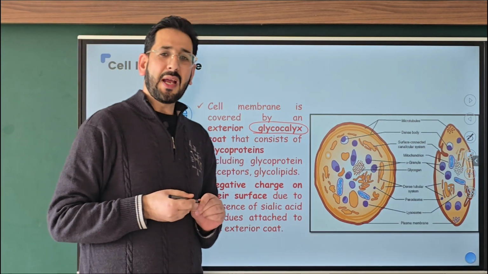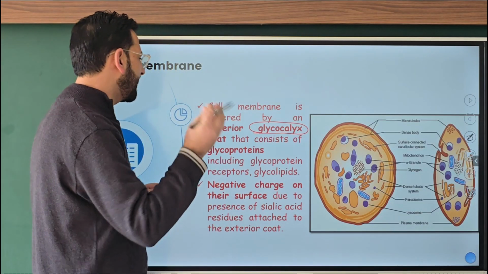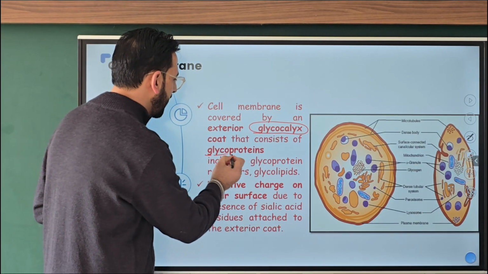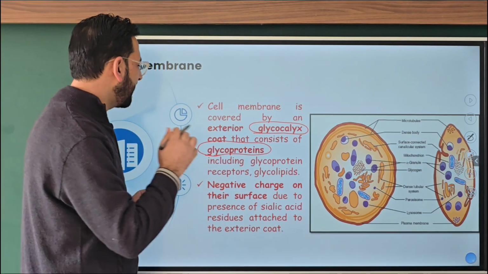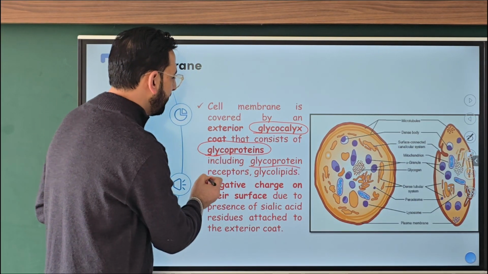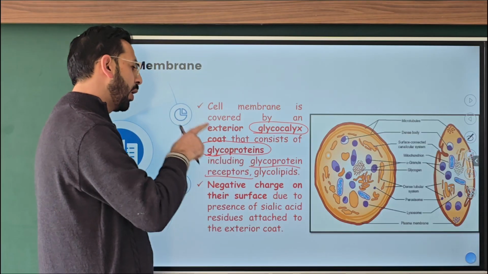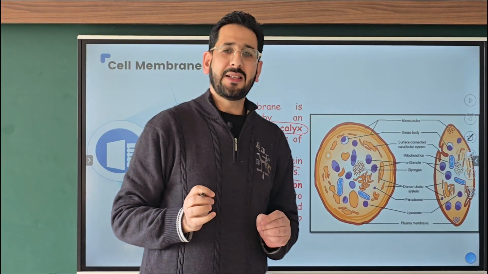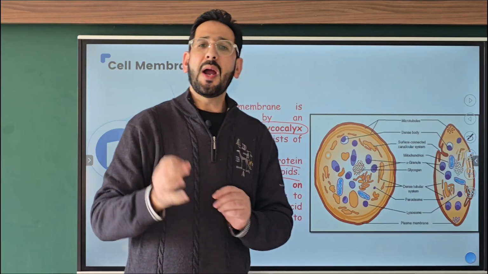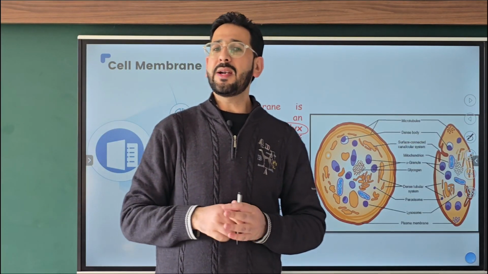This glycocalyx is made up of glycoproteins, and these glycoproteins can include the glycoprotein receptors. It is also made up of glycolipids. Actually the glycocalyx is the carbohydrates in the cell membrane, but carbohydrates are not free.